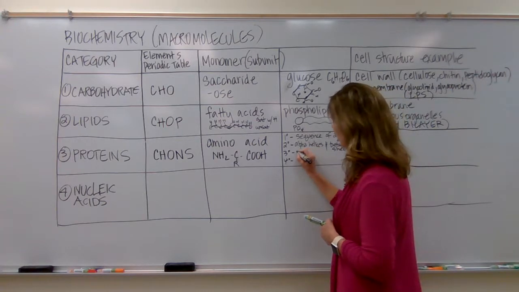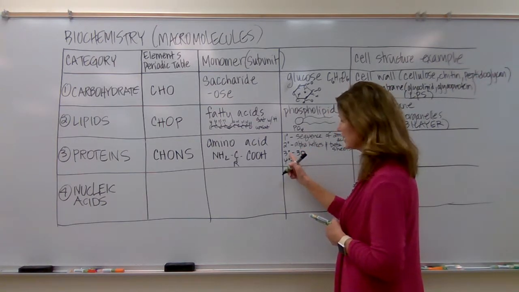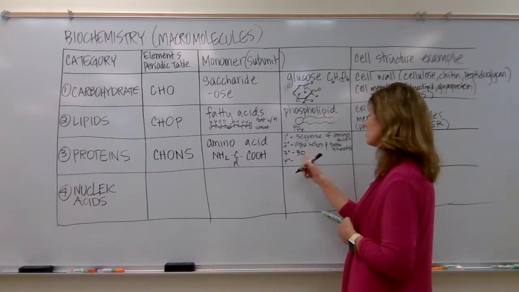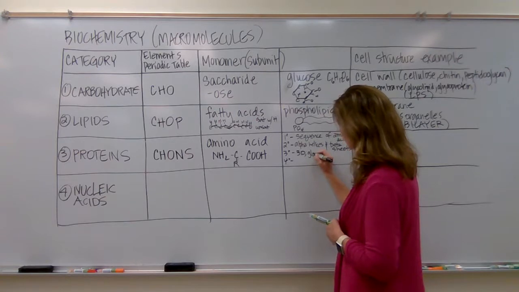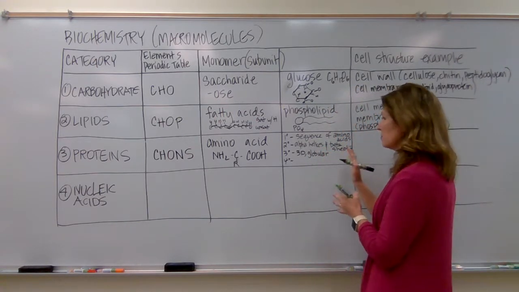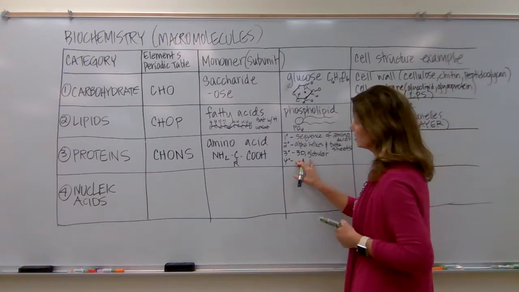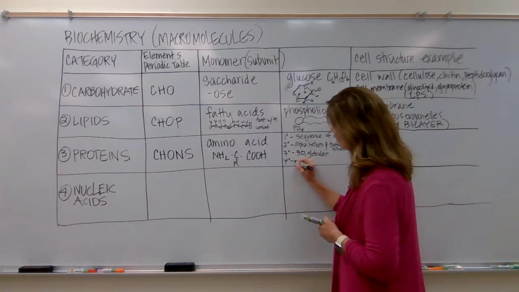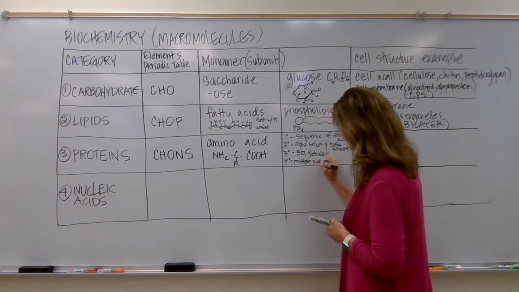Tertiary is going to be that 3D. I always think that's kind of nice that it's the tertiary structure since it is three-dimensional. Sometimes we refer to that as globular. One of its most important shapes where it can work. And quaternary refers to multiple subunits.